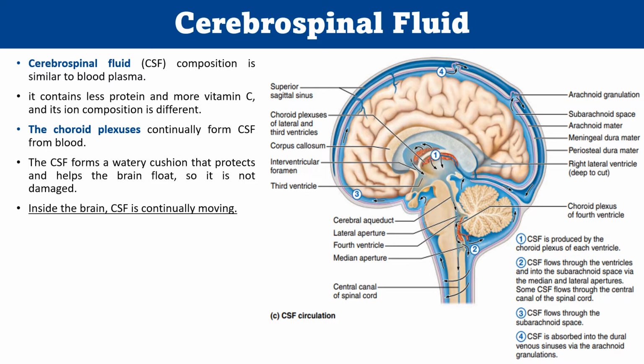Some of the fluid reaching the fourth ventricle simply continues down into the spinal cord, but most of it leaks into the subarachnoid space through three openings, the paired lateral apertures and the median aperture in the walls of the fourth ventricle. You can see in the first step the cerebrospinal fluid moving.